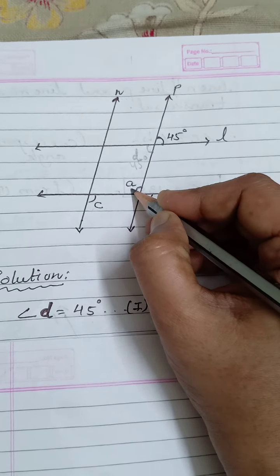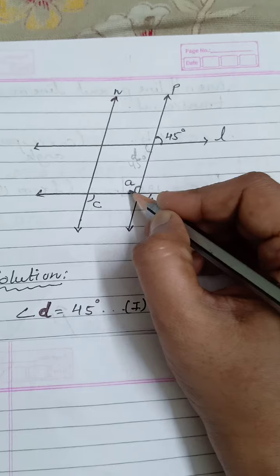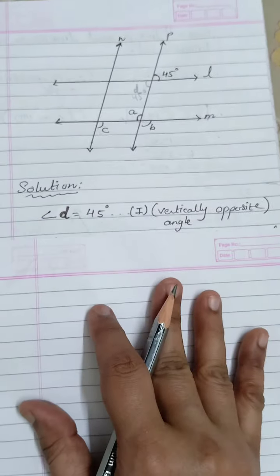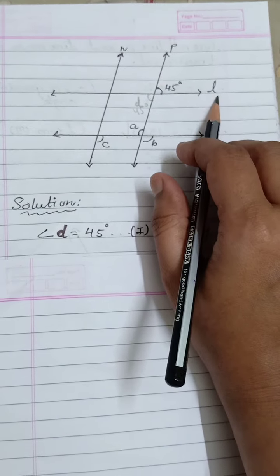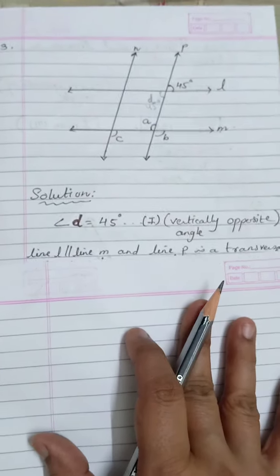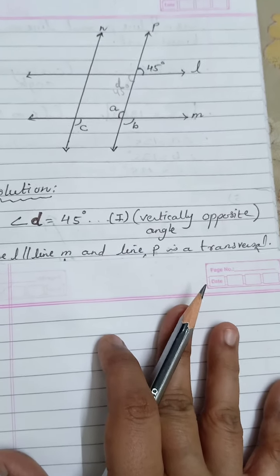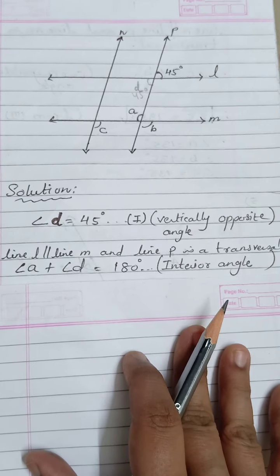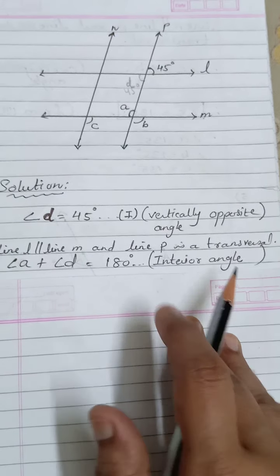That means the addition of angle A and D will be 180 degrees. So in this way we can find the value of angle A. First of all we'll write the statement, line L is parallel to line M and line P is a transversal. Therefore angle A plus D is equal to 180 degrees. They are making interior angles.